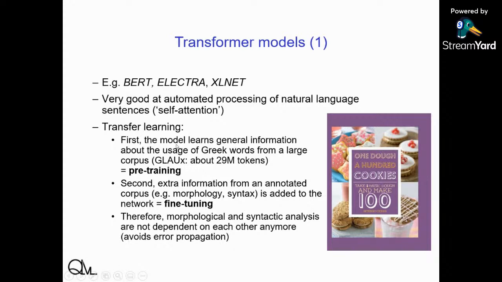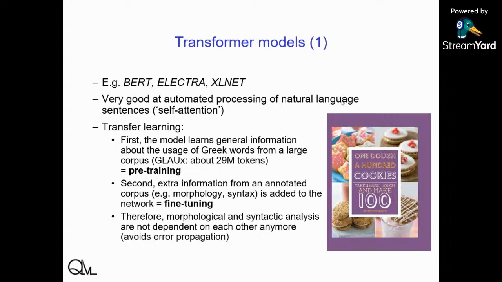So what do these models use? They use a principle called transfer learning, and maybe the image here on the slide is a little strange, but I will explain this with a metaphor.